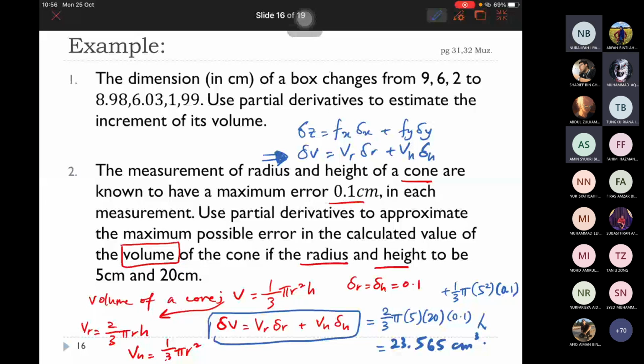If it is positive, it expands. It is increasing. The cone expands. Positive value means the cone expands.